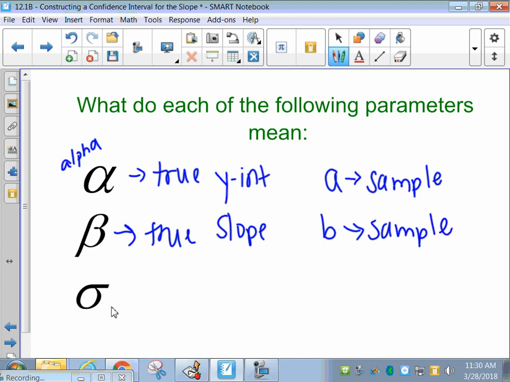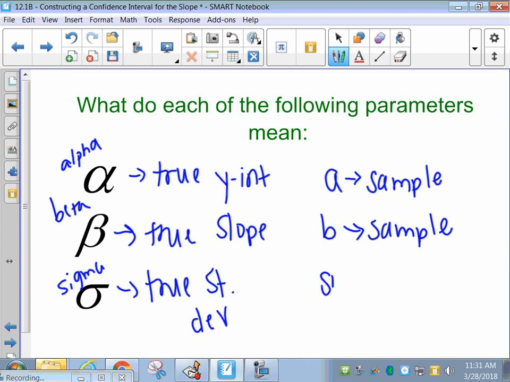All right, and then we've got sigma. Oh, yeah, this is beta, and this is sigma. Sigma is the true standard deviation. All right, we use SEB a lot for standard error of slope. So be sure you know the difference there. Standard error of slope.